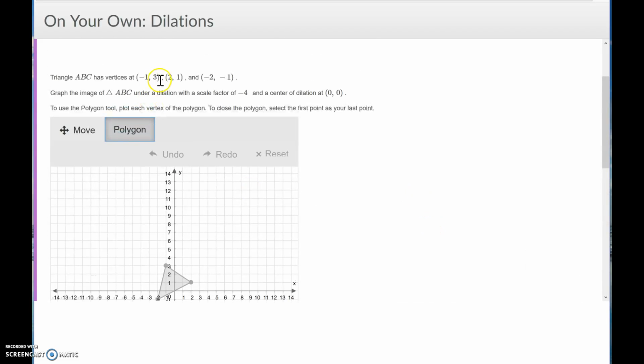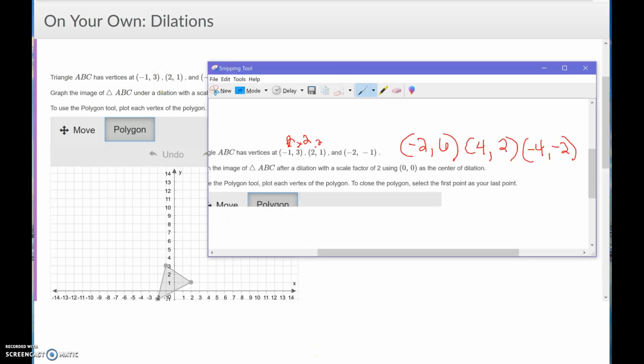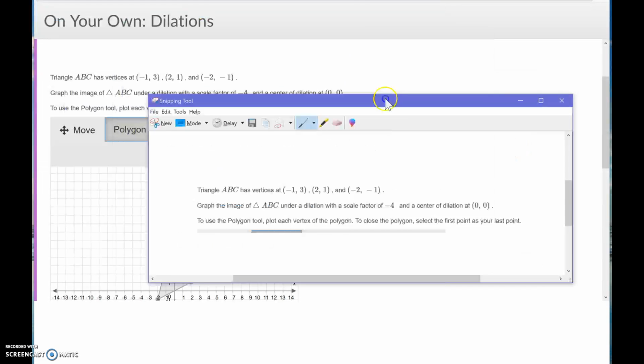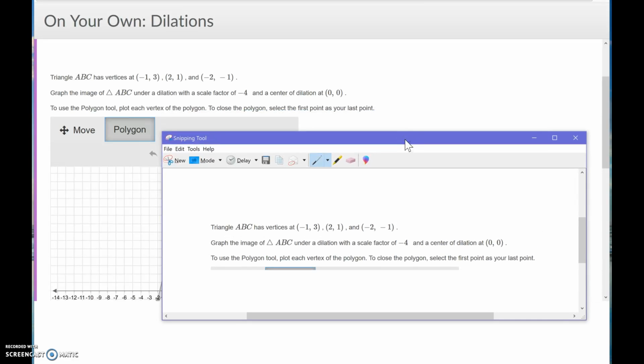All right, this one, we're going to multiply everything by negative 4. I'm going to take a little snip so we can get our new coordinates. -1 times -4 is +4.